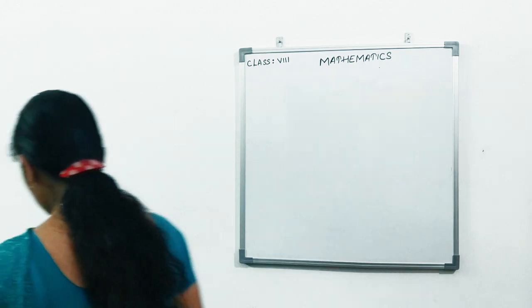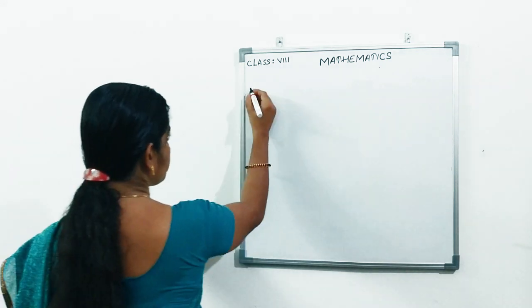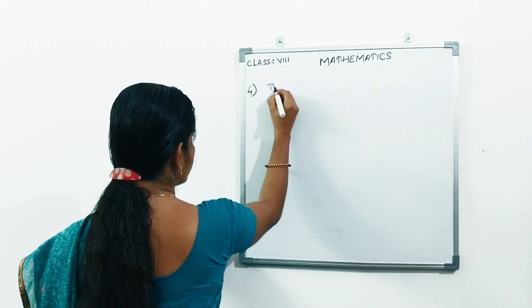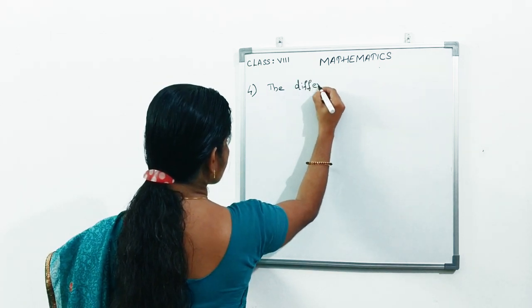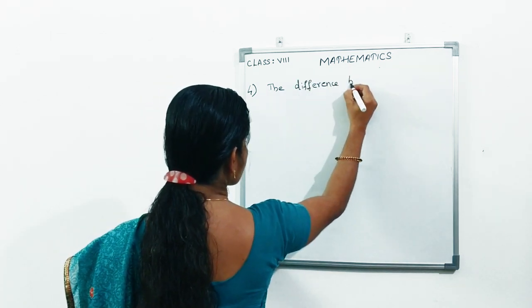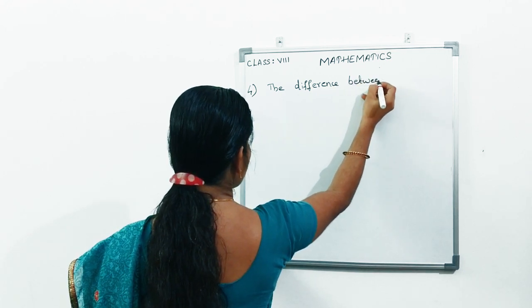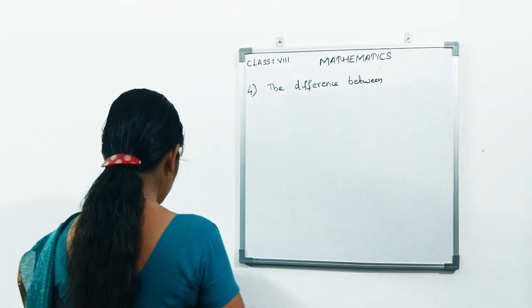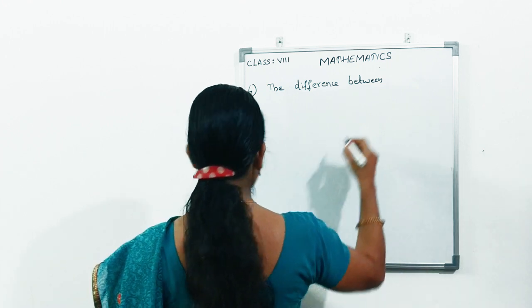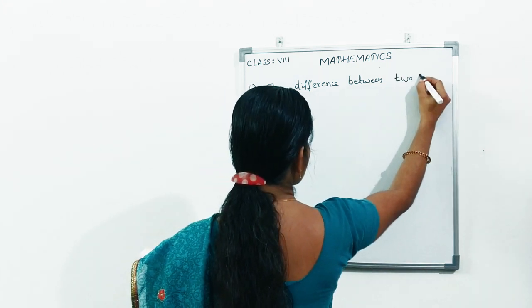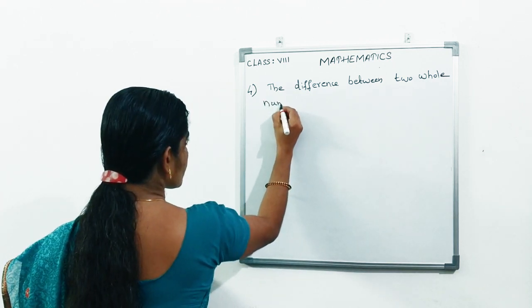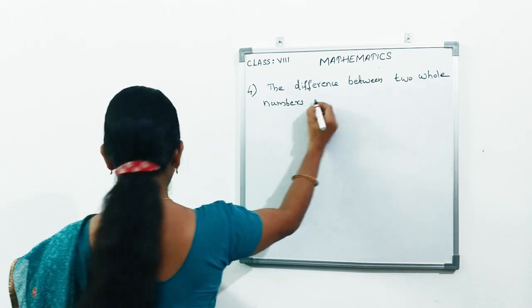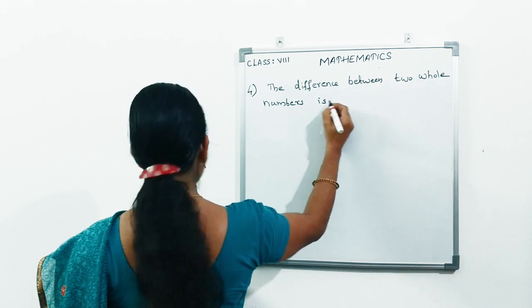Next question. The difference between two whole numbers is 66.